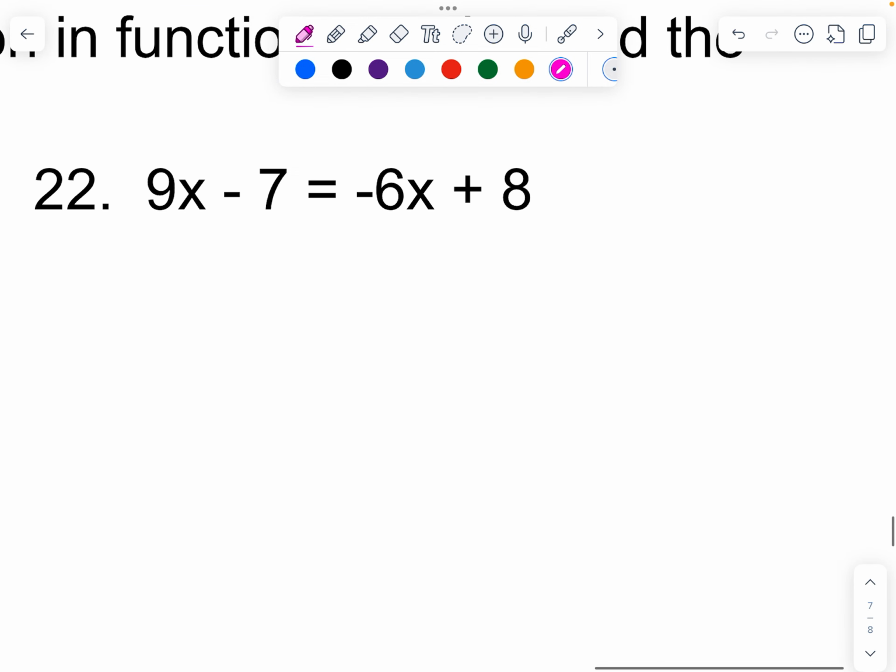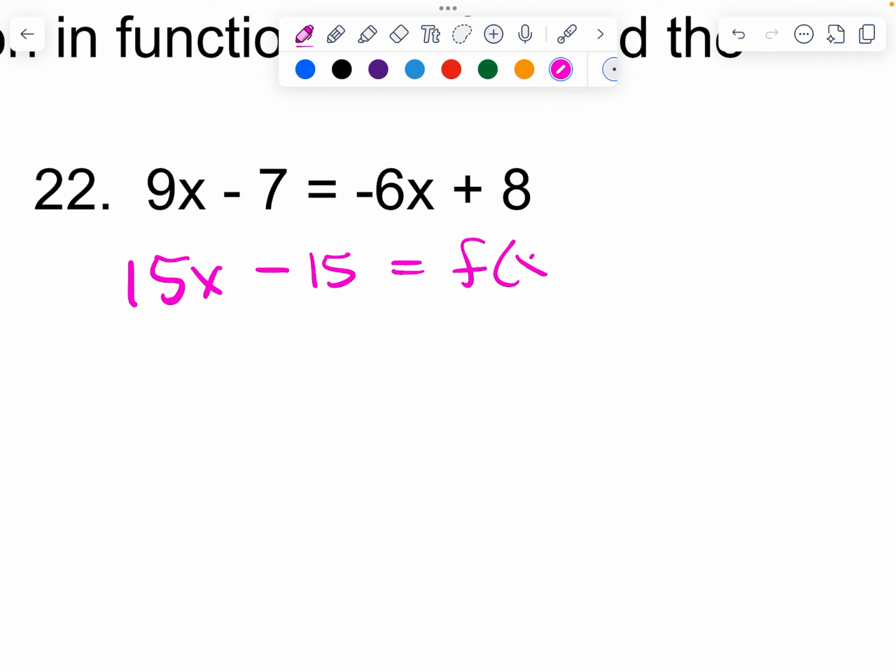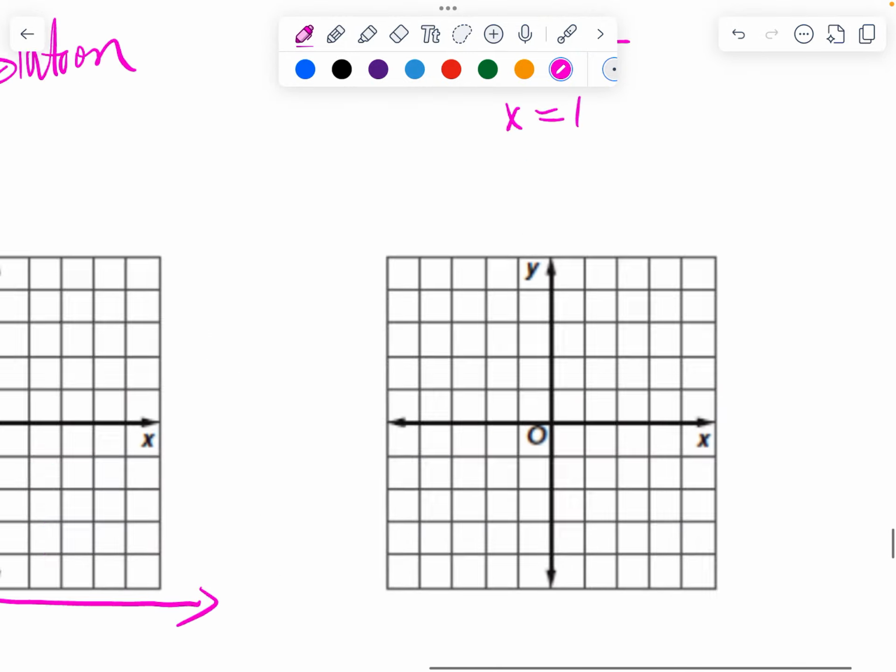This one, if I move everything over here, I get 15x minus 15 is equal to f of x. I do not know why I did that. So if I solved it, I would get 15x equals 15. I would get, again, x equals 1.